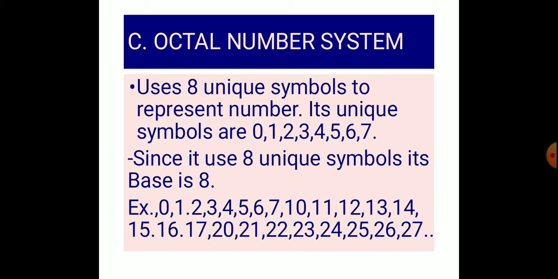So since it uses 8 unique symbols, its base is 8. Example for this number system is 0, 1, 2, 3, 4, 5, 6, 7, and 8 and 9 is excluded. Then 10, 11, 12, 13, 14, 15, 16, 17, and 18 and 19 is excluded. Then 20, 21, 22, 23, etc.